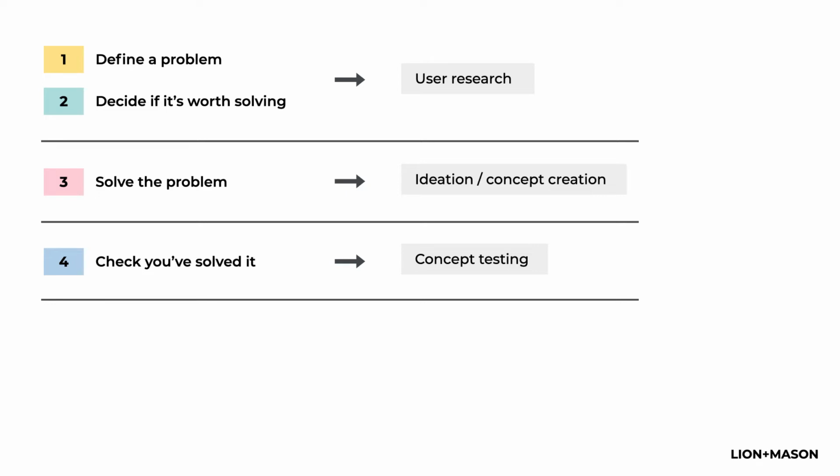Solving the problem, that's essentially some sort of ideation, concept creation. And then checking you solved the problem, so some sort of concept or user testing. It's probably quite easy to look at this and think, well, user research, concept creation, that's going to cost a lot of money, it's going to take quite a lot of time, we don't have those skills in-house, we're going to have to get an agency in, like LION+MASON, to do that.